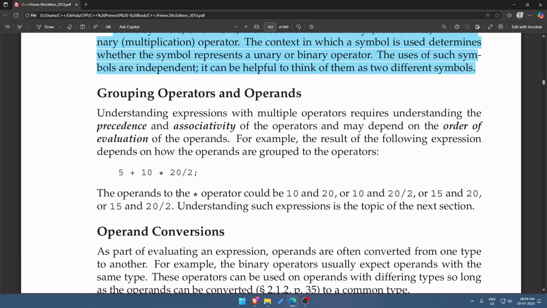The operands to the multiplication could be 10 and 20, or 10 divided by 2, or 15 and 20, or 15 and 20 divided by 2. Understanding such expressions is the topic of the next section.